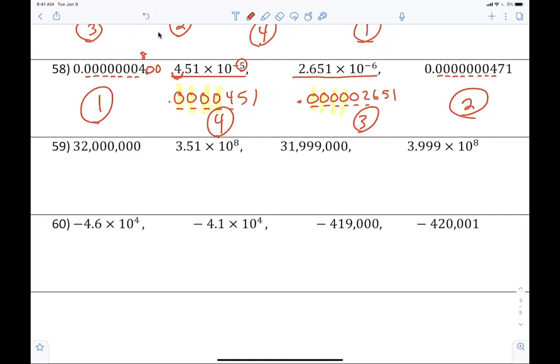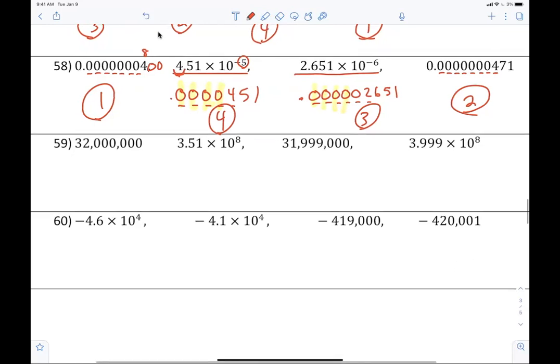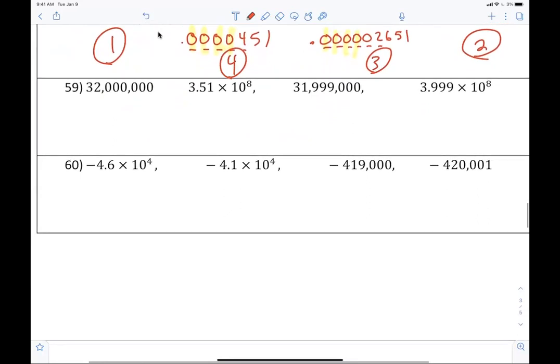All right, Oliver, which do you prefer? Standard form or scientific notation? Standard form. Okay, so what's this one gonna be? No, it's gonna be 3.1. How many zeros do I add? 6 zeros. Good. And what about this guy over here?